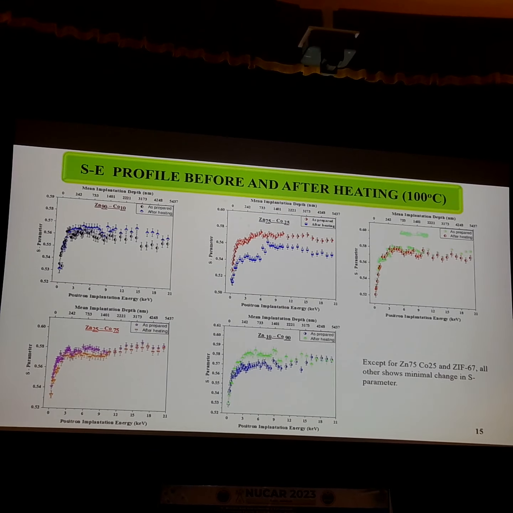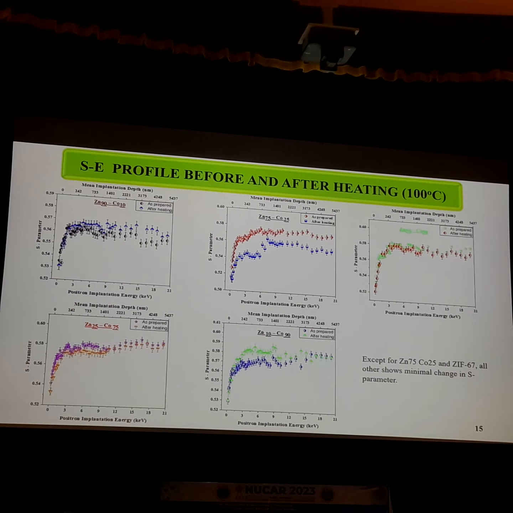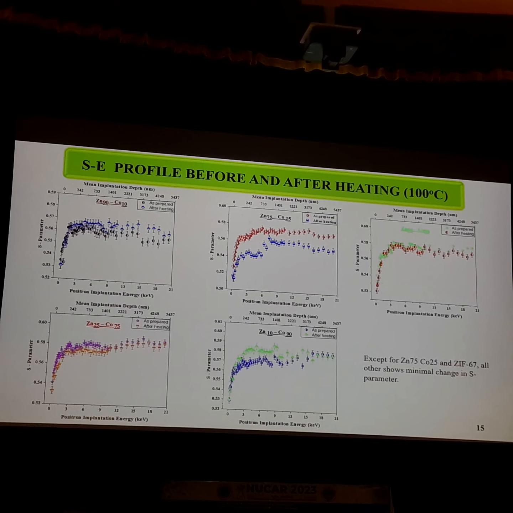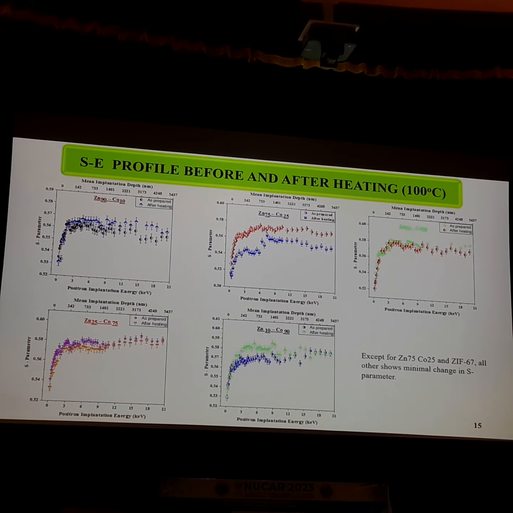And we've done the same analysis for all the other samples. Except for zinc 75, cobalt 25, all others have a similar S parameter.